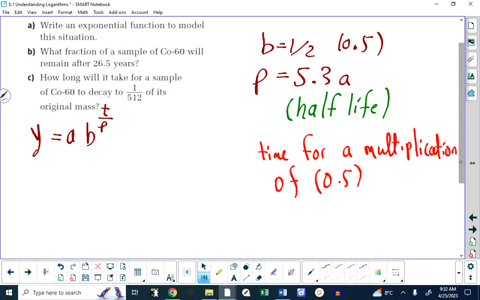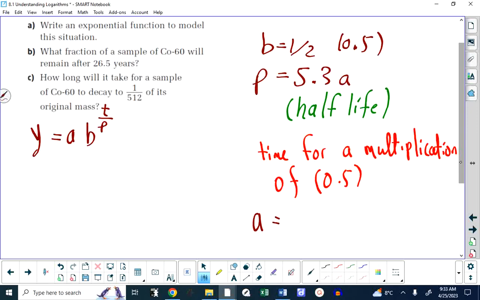Now, the other issue here, so we've got our two parameters B and P written in brown. We also need the parameter A in this formula. And A is the initial amount. This is a little tricky, and it's why this problem stands out. You're not told the initial amount. You're told that it's reduced to 1/512th of the original amount.